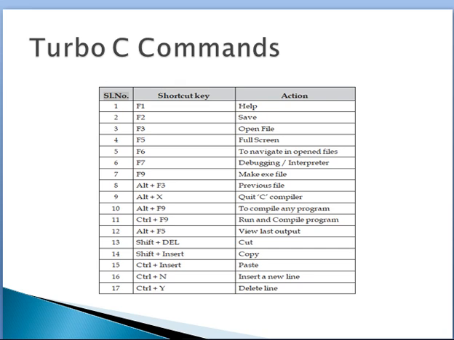F7 is for debugging the program. To check the flow of execution, we use this F7 key. How it is debugging the program, we will check by using this F7 key.